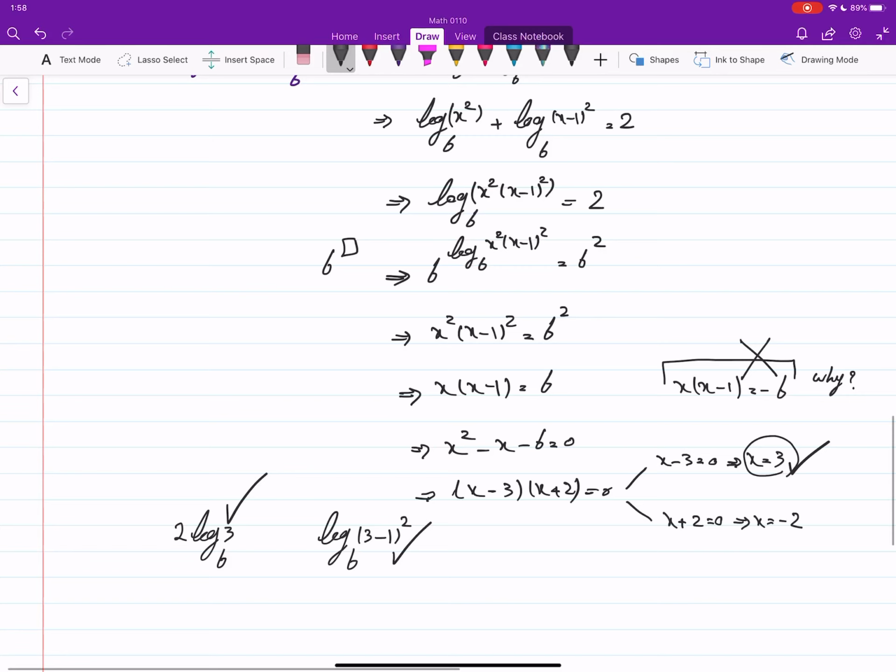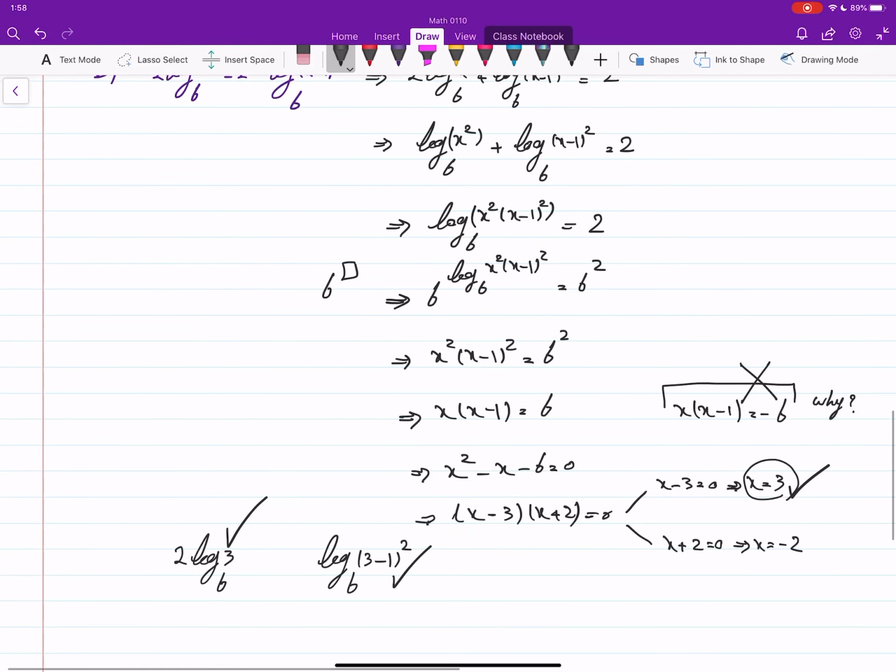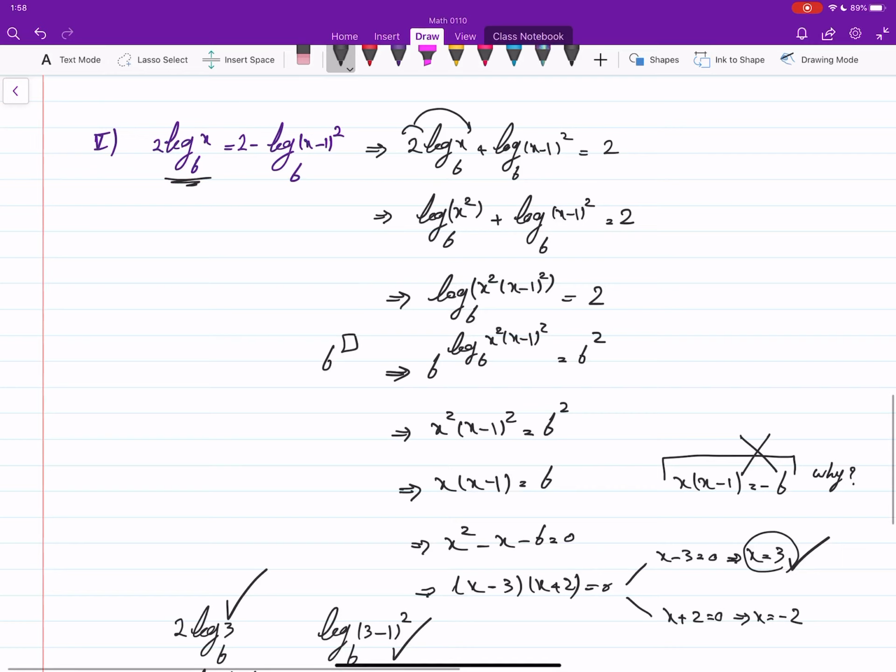But when you do the x equals -2, this is log of, wow, I cannot plug in -2 on this side. So this expression doesn't accept -1, so this guy is not going to be acceptable. And x equal to 3 is the solution for this guy here.